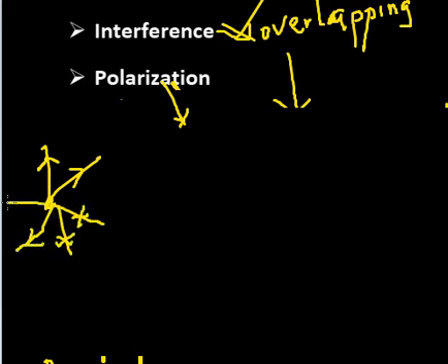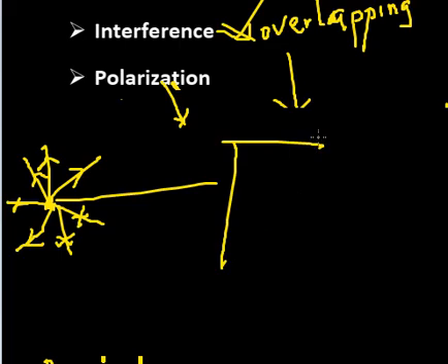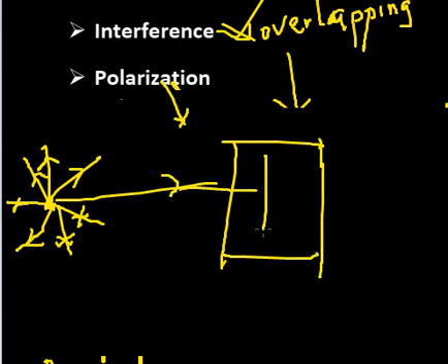A wave can have different planes, especially light, specifically light. And of course, if you move in the medium, that's how it will carry different planes of its vibration. So if I pass it through a device known as a polarizer or a polaroid, what happens? The polaroid cancels all the planes and allows one plane.